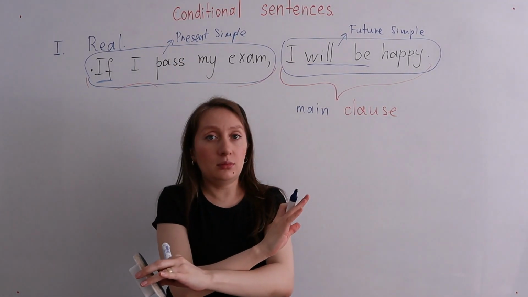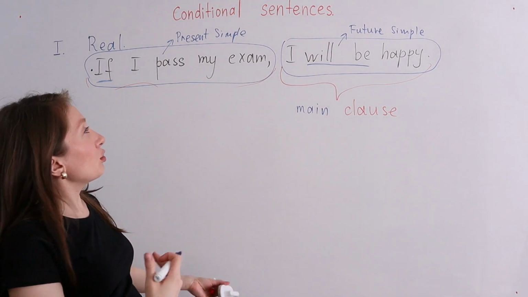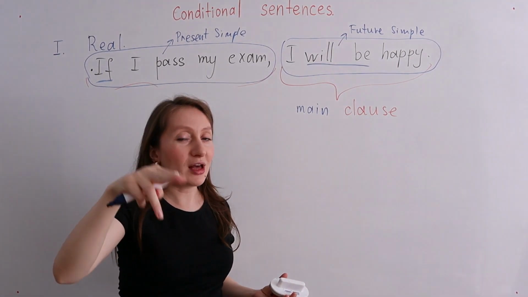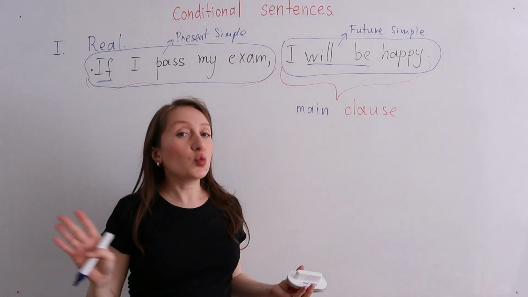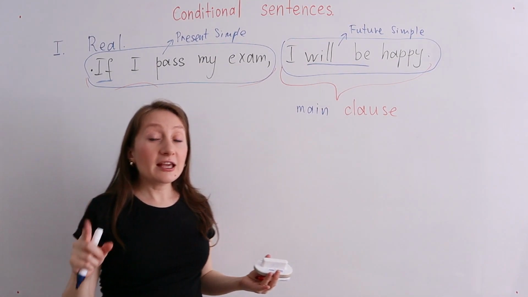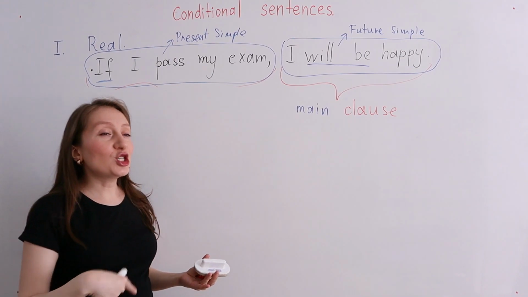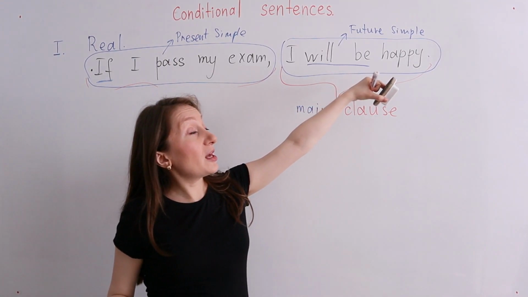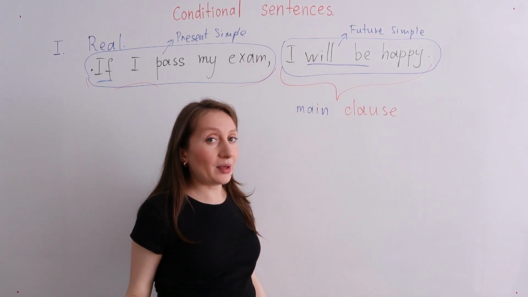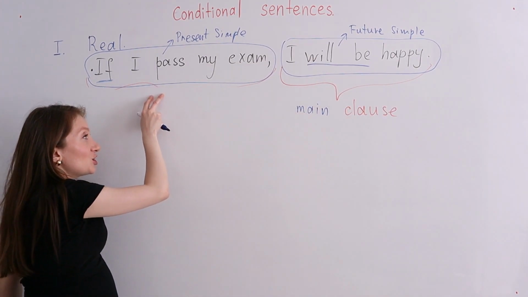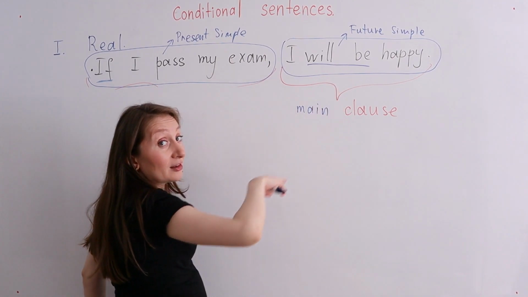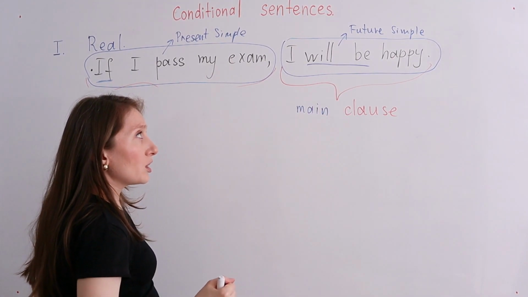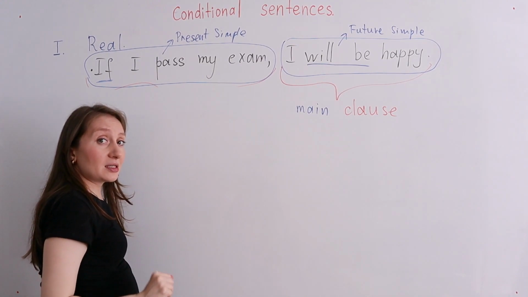No will. You don't say "if I will pass." Actually, you want to say will when you translate into your language, but we don't use will inside if. If I pass, if she passes, because it is present simple. I will be happy, or she will be happy. Under what conditions will I be happy? If I pass my exam.